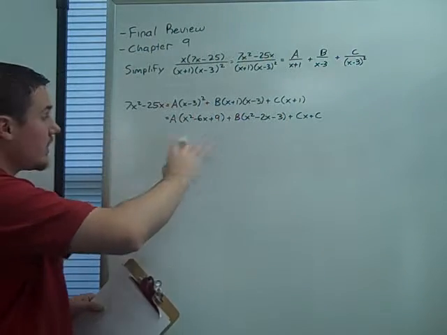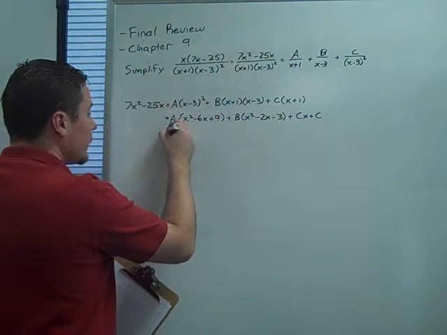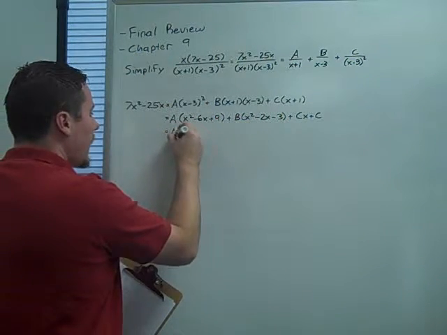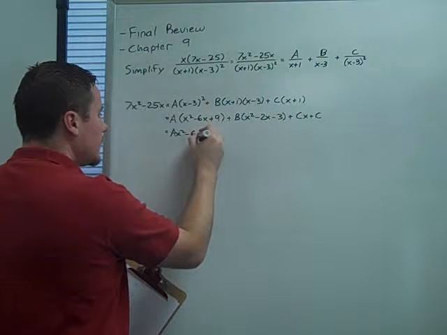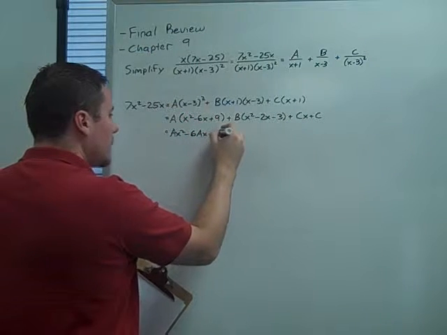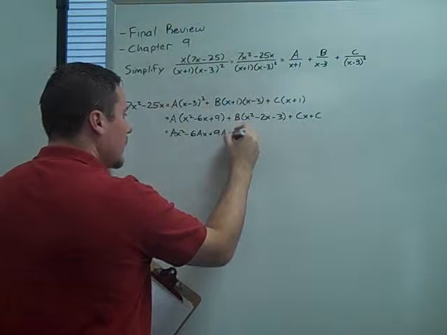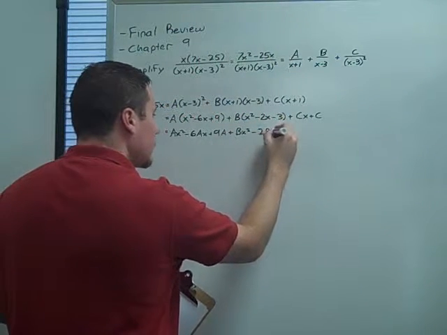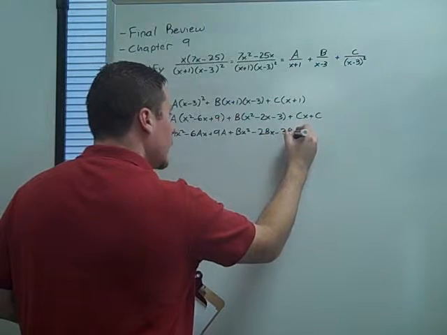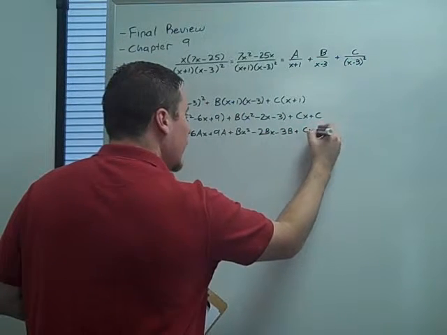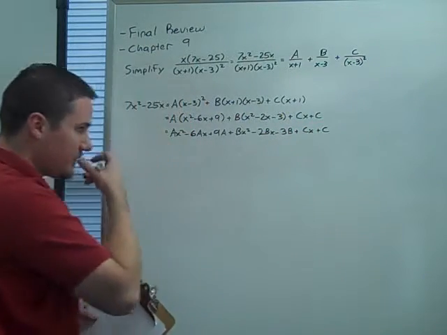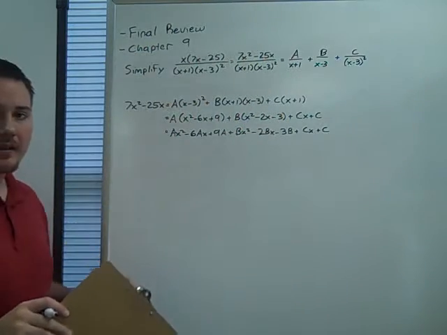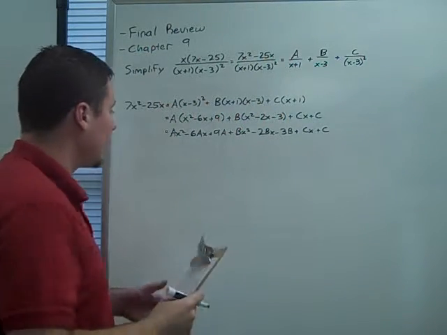Now I'm going to distribute the a and the b through. So this is going to be ax squared minus 6ax plus 9a plus bx squared minus 2bx minus 3b plus cx plus c.